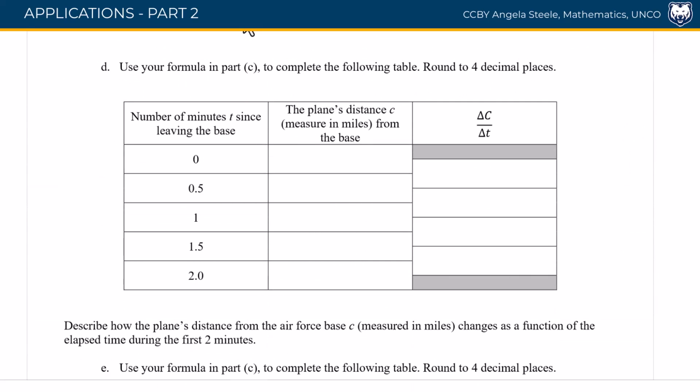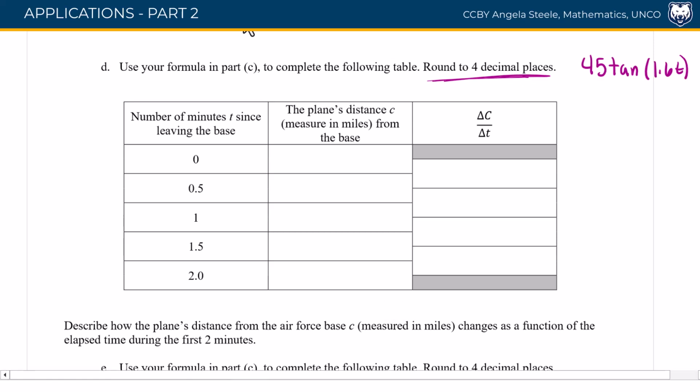On part D, we want to use our formula from part C. So that means we're going to be using that 45 tangent 1.6t. And we're going to complete the following table, and I want you to round to 4 decimal places. Okay, so I'll go ahead and show the work for the first 2 parts, and then I'll let you fill in the rest of the table.